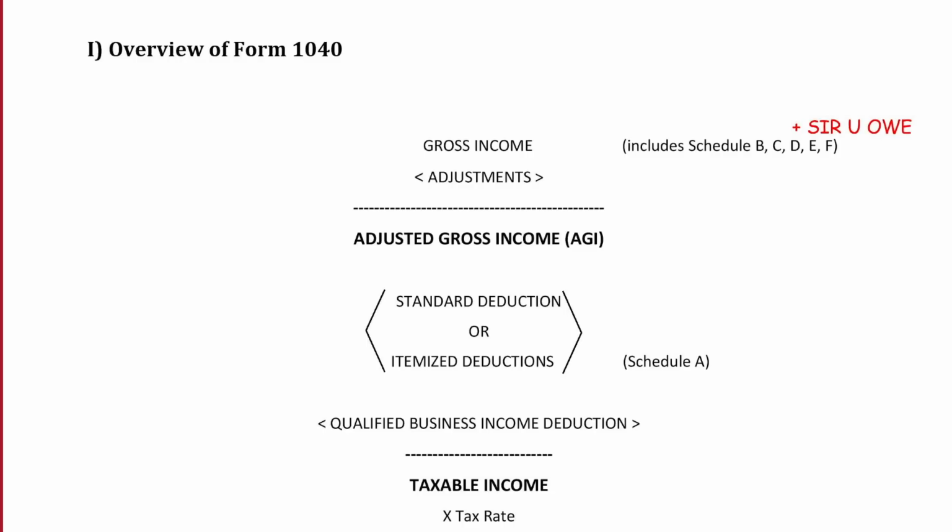So it's like Uncle Sam telling the taxpayers, Sir You Owe. And then the taxpayers having wishes, which are adjustments to gross income, which leads us to adjusted gross income or AGI.